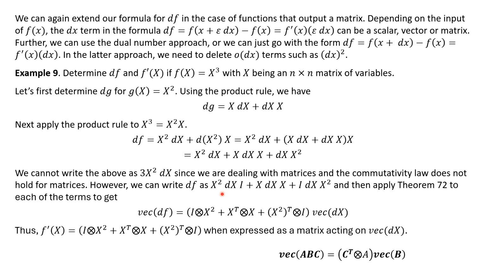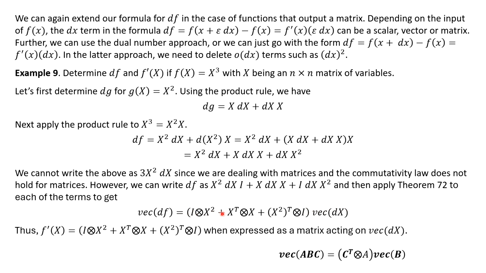And what we can do is use Theorem 72 as we did in the previous example on all 3 of these. Actually, I could have left this one out, but I did it on all 3 of them. So we apply this. You notice the dx is in the middle in each case, so that's the B. That comes out as vec dx.